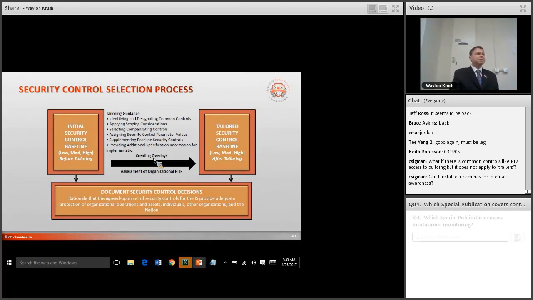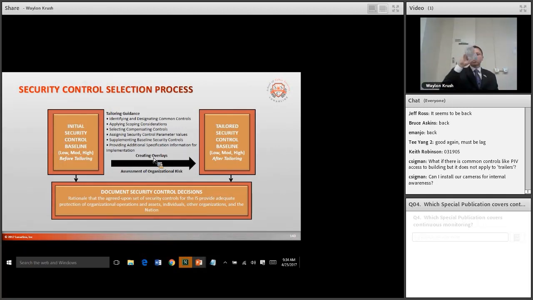We talked about this multiple times, but this is the official process here. And you'll see this. Where does this diagram come out of? Does anyone know? I heard 18. Could be an 18. I haven't checked it for a while. What's another one where you think this one comes out of? 53.